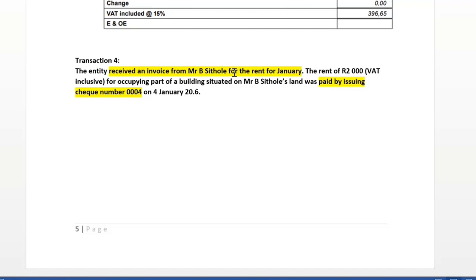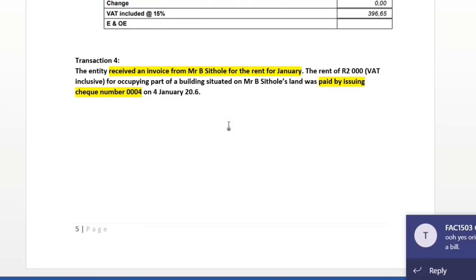Mr. Bisitole is issuing an original invoice to BS Electrical. So they are getting an original tax invoice from Mr. Bisitole because they are paying for rent.